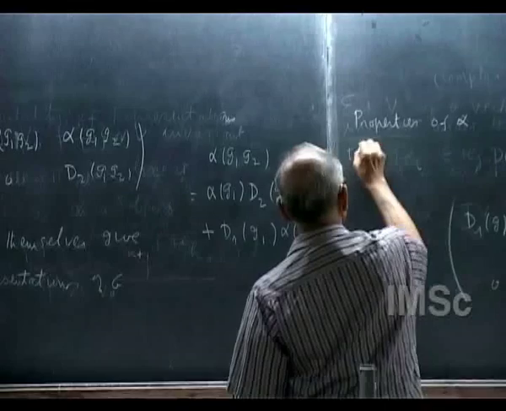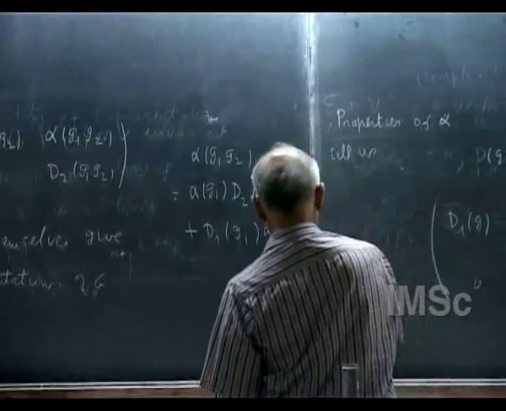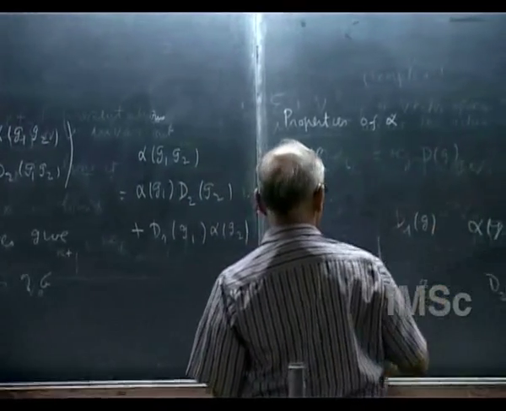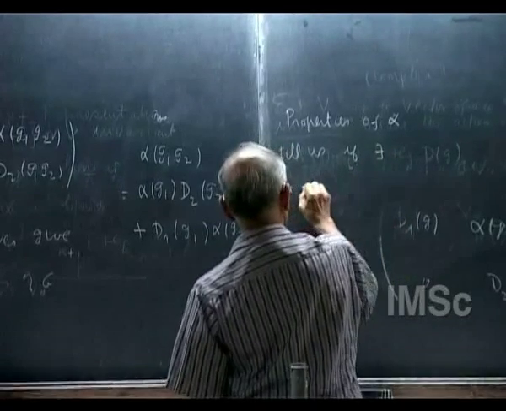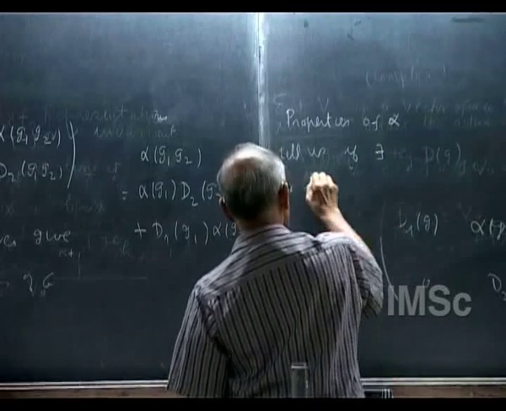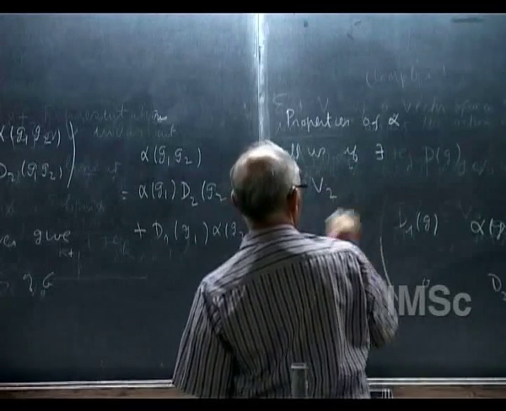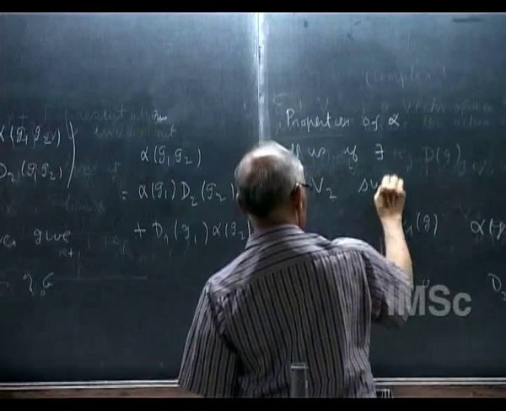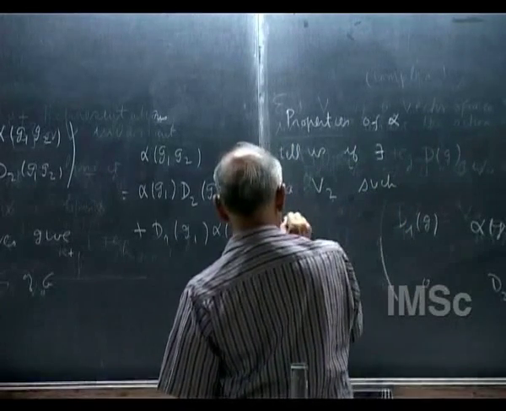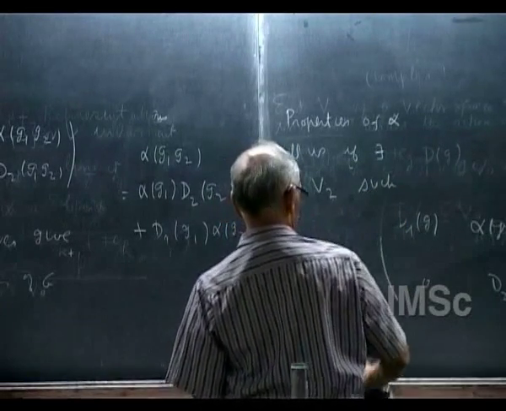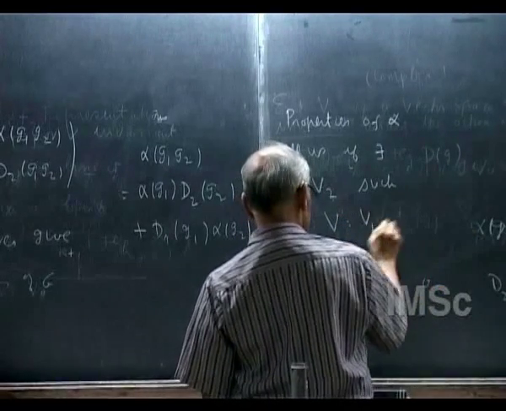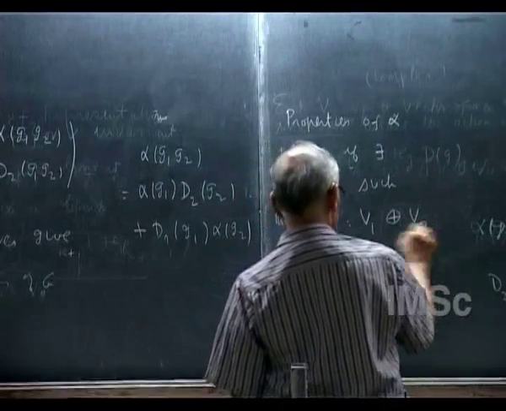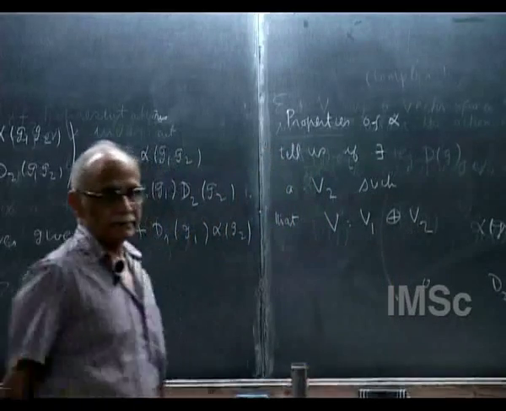They tell us if there exists a basis, there exists a V2 such that the full vector space is V1 plus V2. You may not have understood direct sum, I will come to it in a minute.